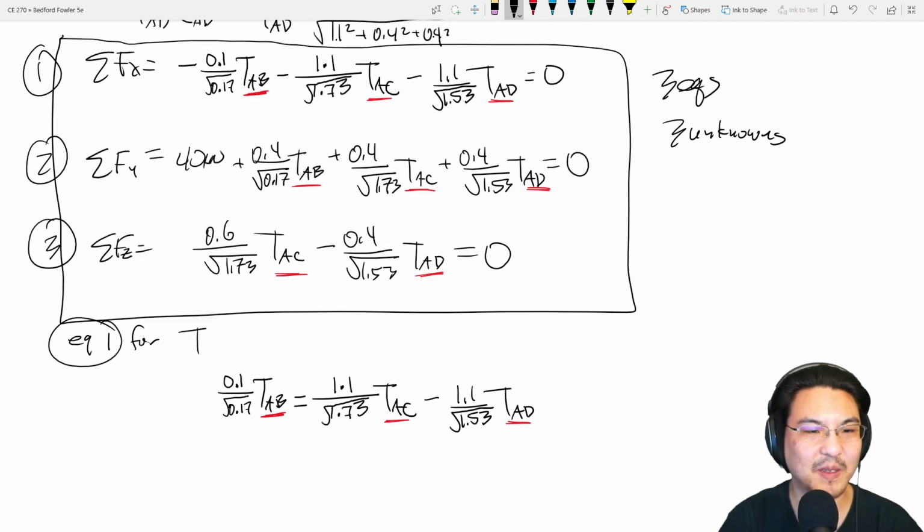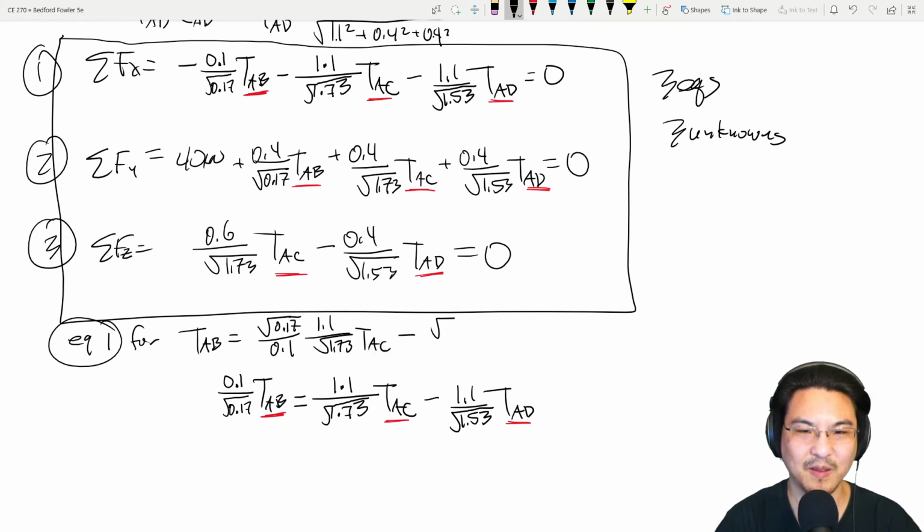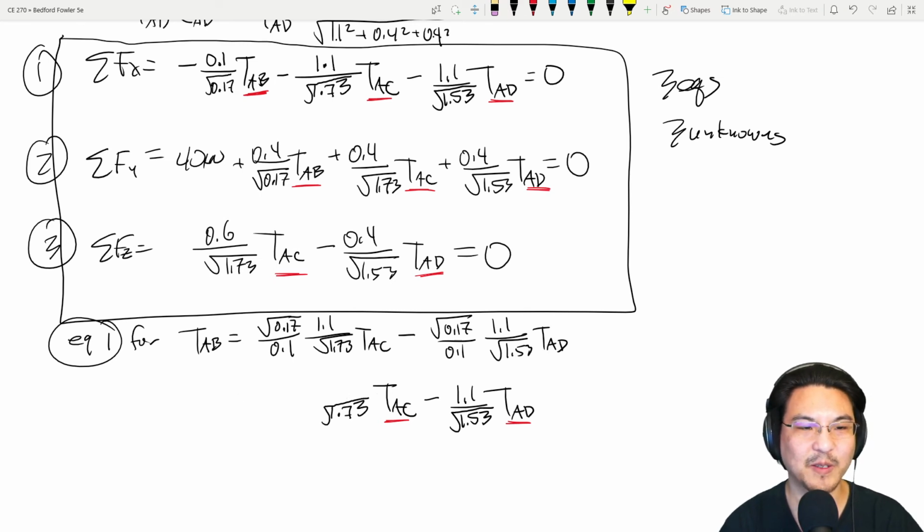So TAB is 0.17 over 0.1 times 1.1 over TAC minus 0.17 over 0.1 times 1.1 over TAD. So I solved equation 1 for TAB.